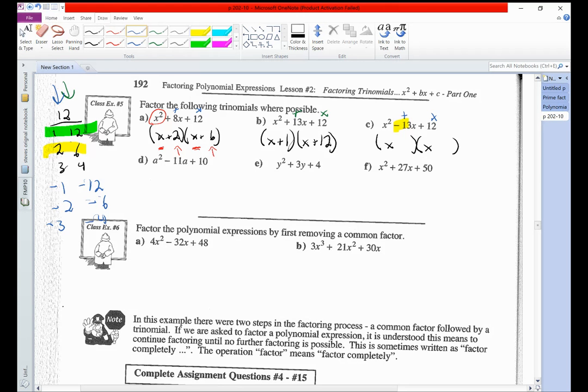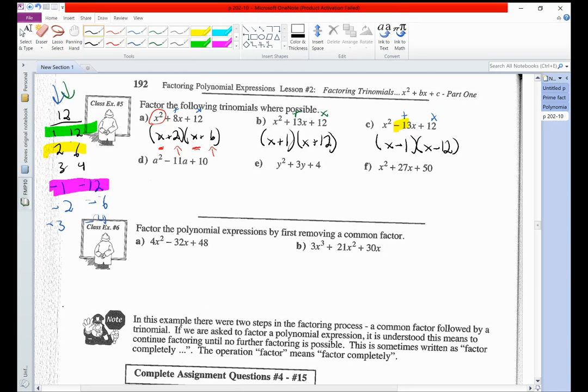So I actually missed three factor pairs. And you can see that to add to negative 13, negative 1 plus negative 12 works. So what you're going to do is now you're going to write it in as x minus 1, x minus 12. Awesome.